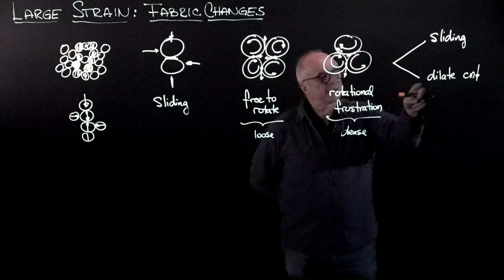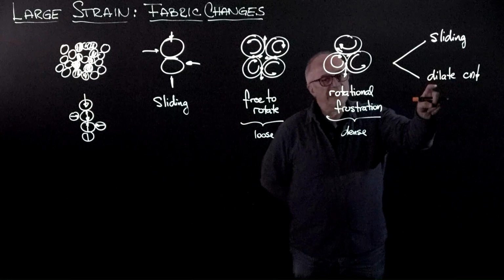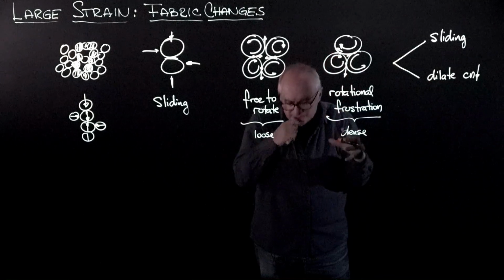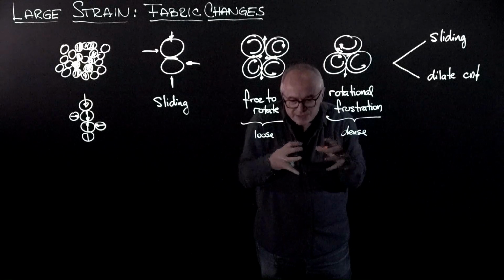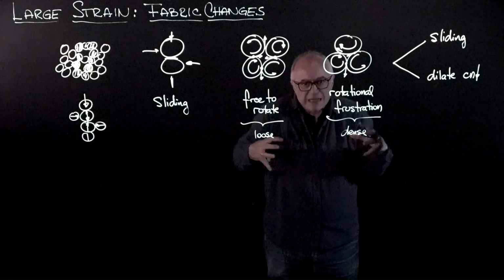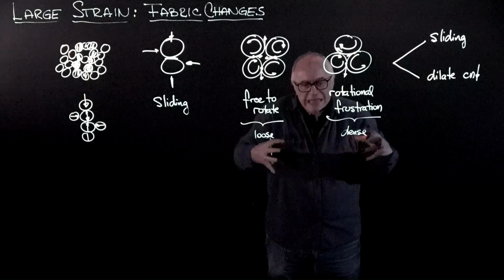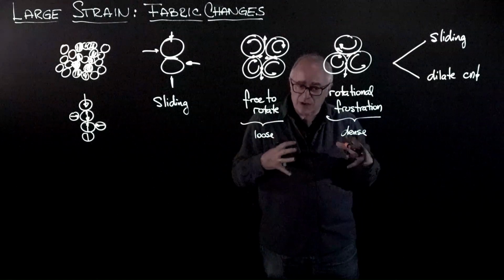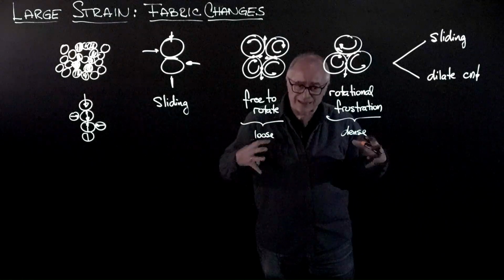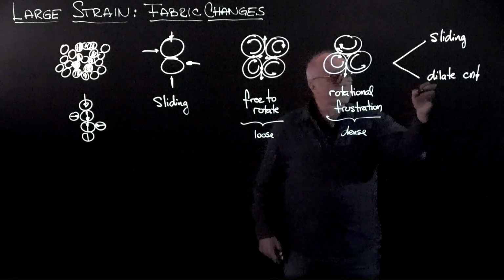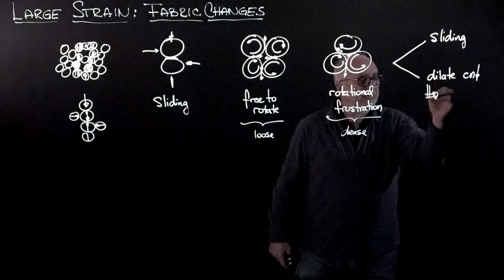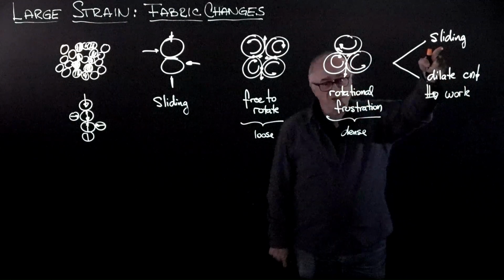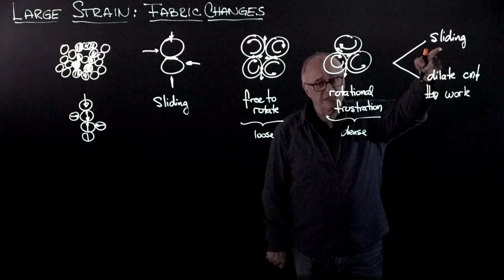Now, this is energetically very demanding because in order to dilate in a triaxial specimen that is subjected to confinement, it has to push against the confinement. It has to do work, the work of expansion, of volumetric dilation. So this will imply work against the confinement. Now, slippage is also very energy demanding.